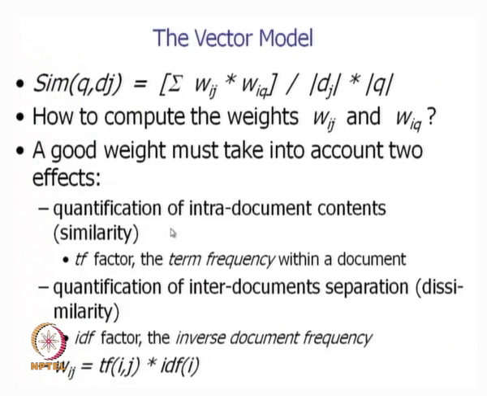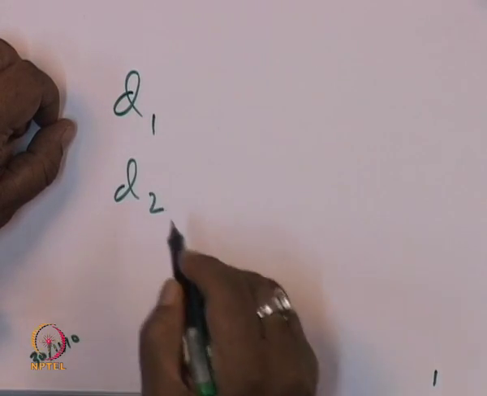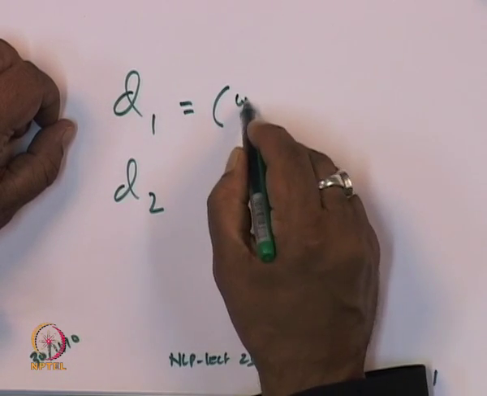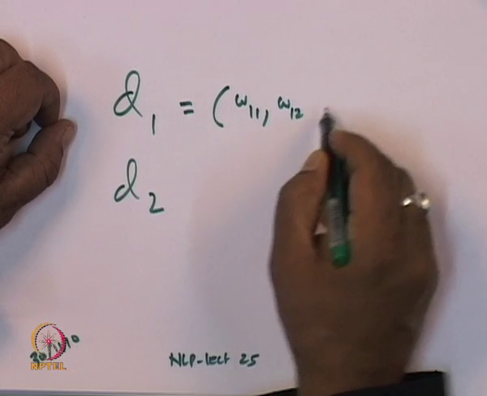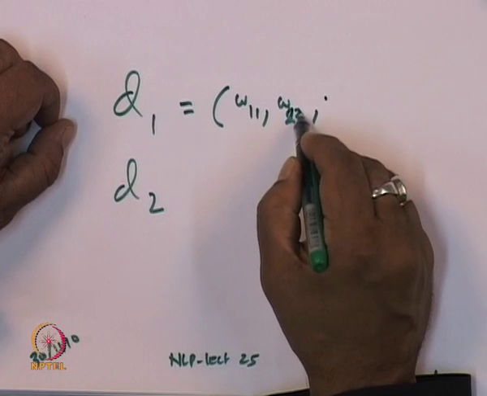So, what is being said is that this is what is being said. A bit of writing will make it clear. Suppose we have two documents D1 and D2. The vector for D1 is W11, W21, sorry, W21.